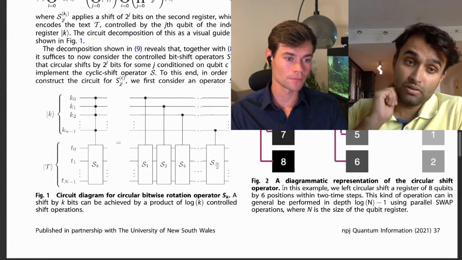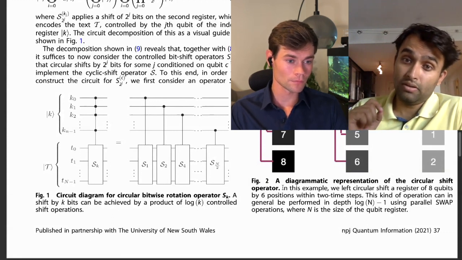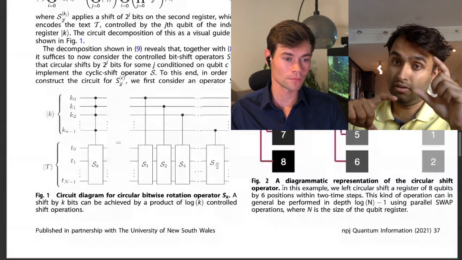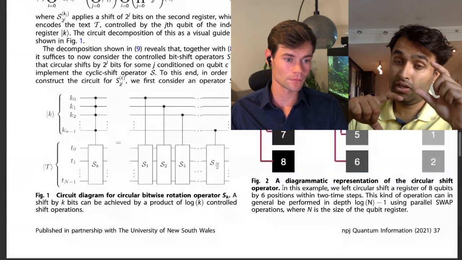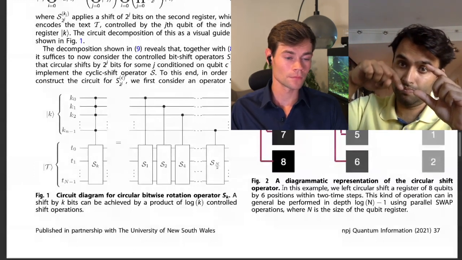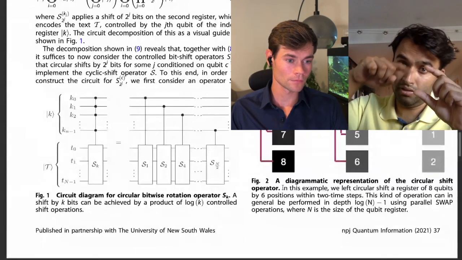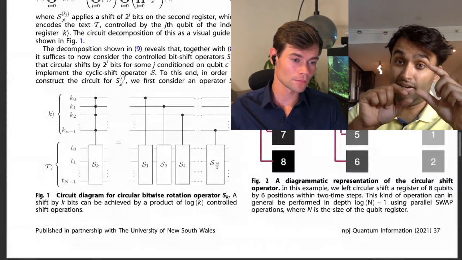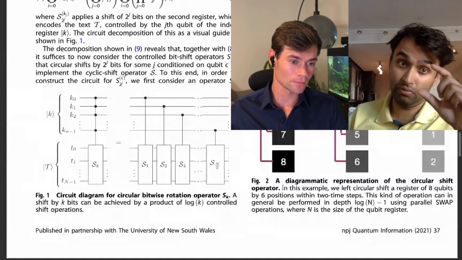And now I have a string and I have all numbers in superposition. Now I can just apply an operation that looks at the number in superposition and rotates the string by the corresponding value.